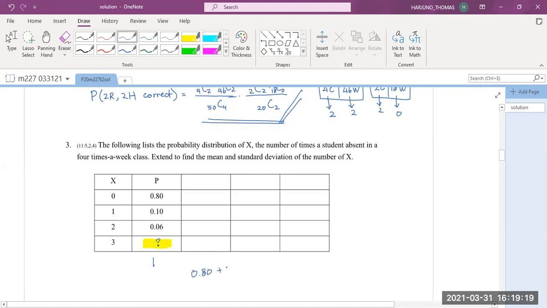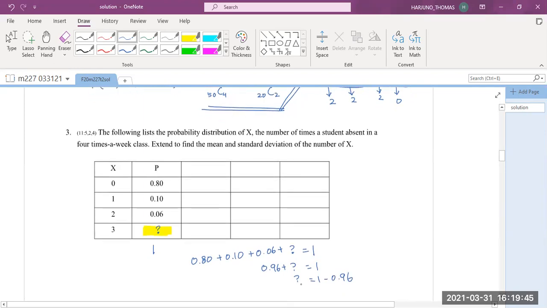0.80 plus 0.10 plus 0.06 plus what equals 1. Do it on your scratch paper or just on the side. Then we solve the equation 0.96 plus blah equals 1. So blah is 1 minus 0.96.